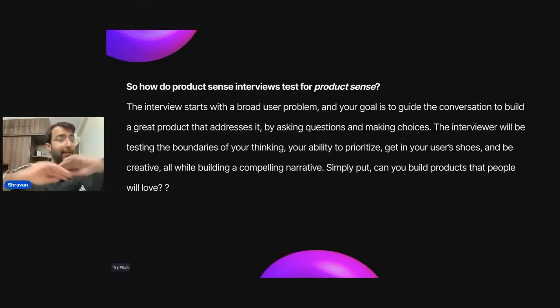So it is going to be a very broad user problem. What you have to essentially see is that whatever choices you're making align from the clarifying moment to the goal, to the user needs, to the user segmentation. We're going to talk about it, and we are going to do a problem around it. But I just want you to be very open that product sense is going to test whether you can take a very ambiguous statement like build a product for pets in India, whatever, right?